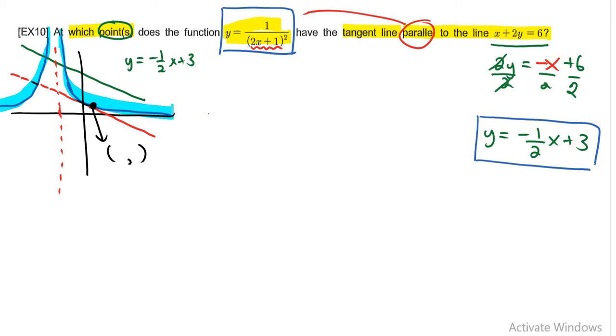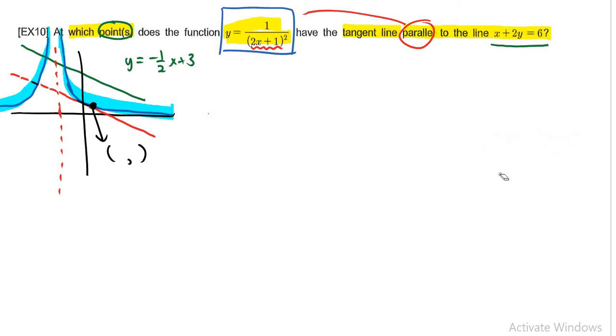And then we want the derivative to be equal to the slope of this green line, which is going to be negative 1/2, and that will allow us to find the x values where the blue graph has a slope of negative 1/2. Okay, so I'm not sure if that made total sense there, so we're going to slowly have to do this one step at a time, and hopefully we will be able to make some connections here.